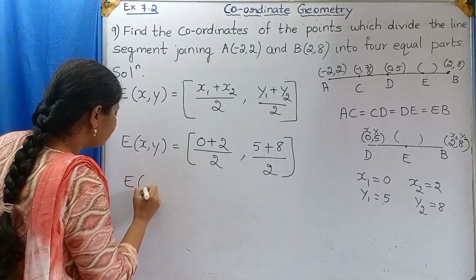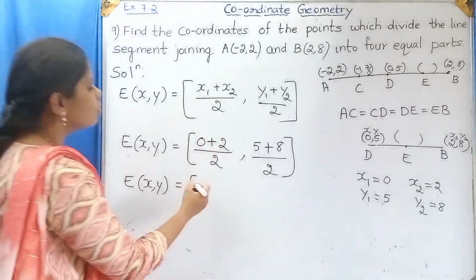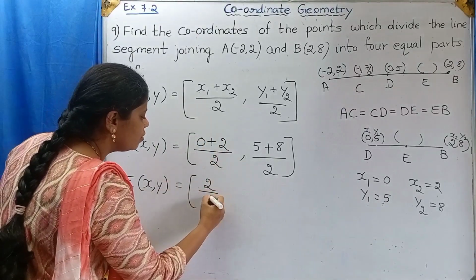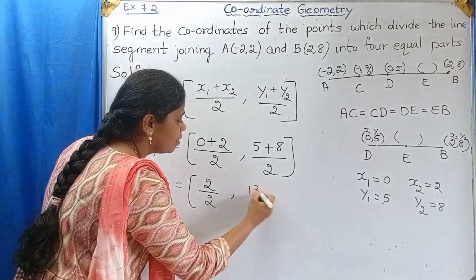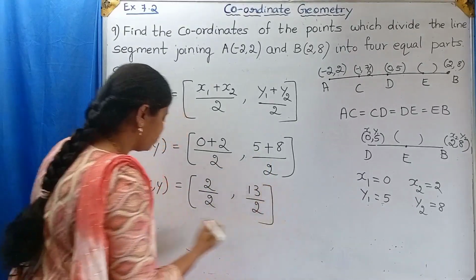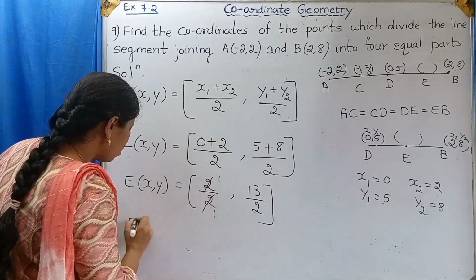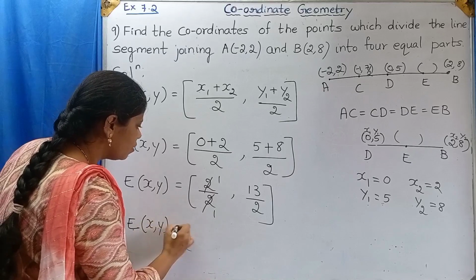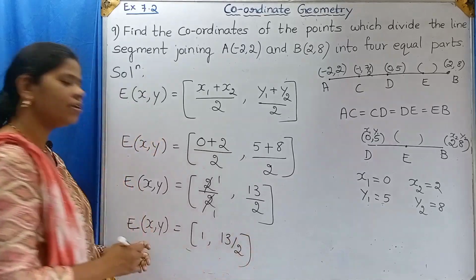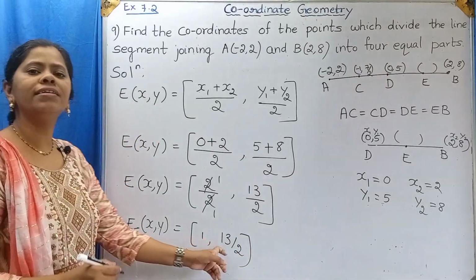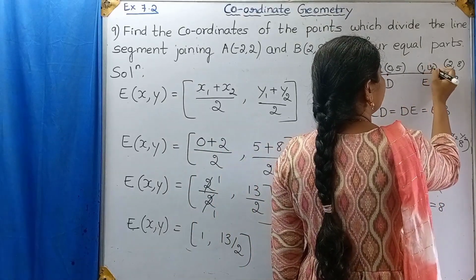E of xy is equal to 0 plus 2 is 2, 2 divided by 2, comma 5 plus 8 is 13, 13 divided by 2. Now look at this, 2 ones are 2. Therefore, E of xy is equal to 1, 13 by 2. The coordinate of the point E is 1, 13 by 2.